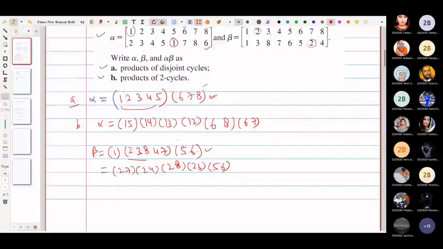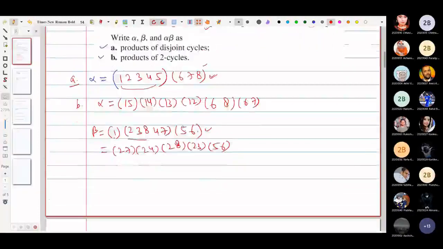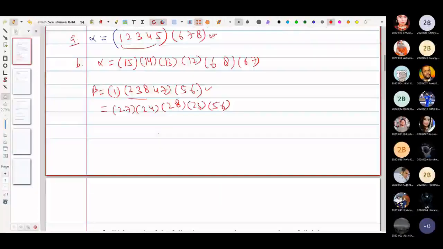It is not like that, because you see many things are common in these two. So that needs to be taken care of. In fact, you need to multiply first, and then find the disjoint cycles, so that we can write the product as a product of disjoint cycles.